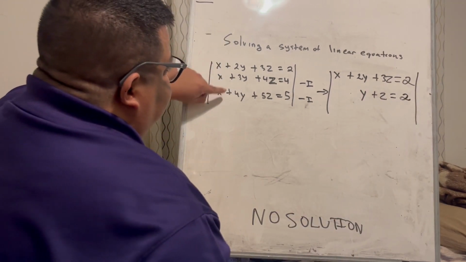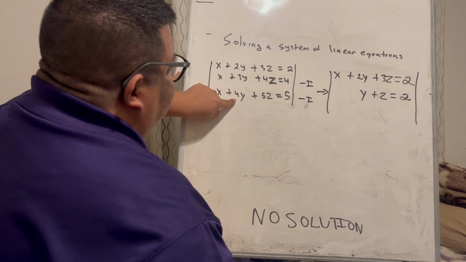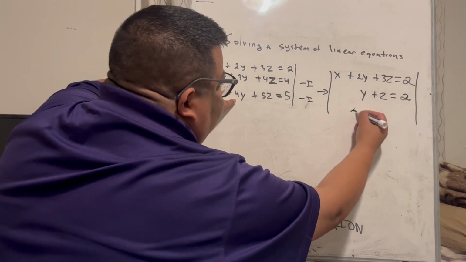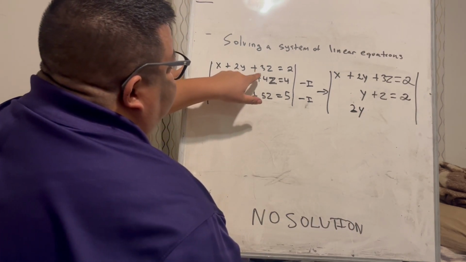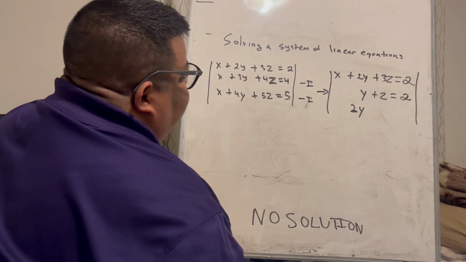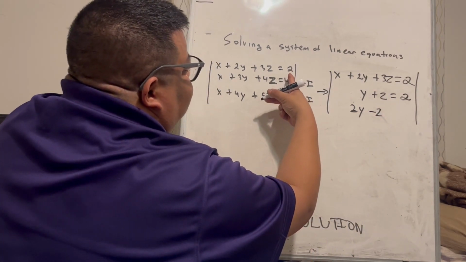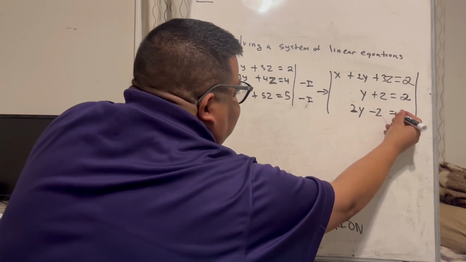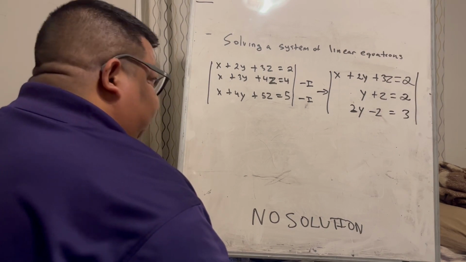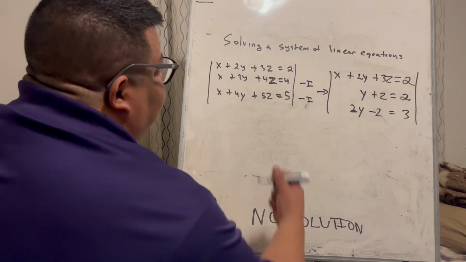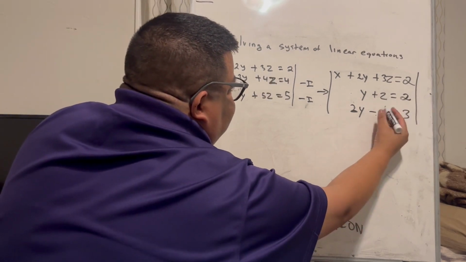Then the x cancels, and then negative 2y plus 4y gives you 2y, and then negative 3z plus 5z gives you 2z, and then negative 2 plus 5 gives you 3.